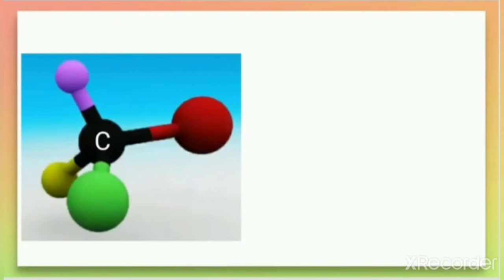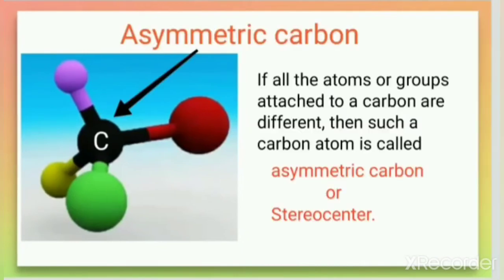So, if these atoms are different, as shown in the figure here by different colors, then such a carbon is called an asymmetric carbon. That means if all the atoms or groups attached to a carbon are different, then such a carbon is called an asymmetric carbon, or we can call it a stereo center.